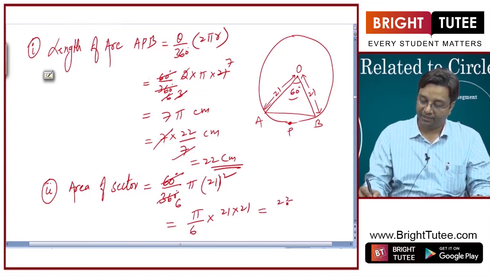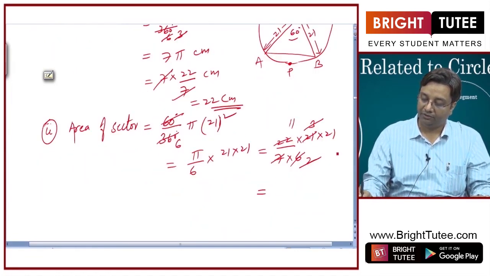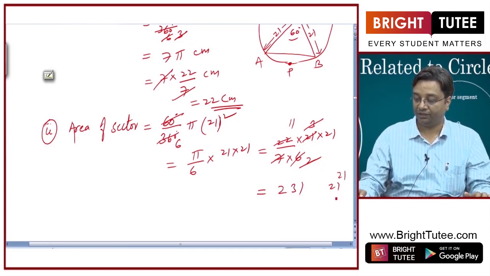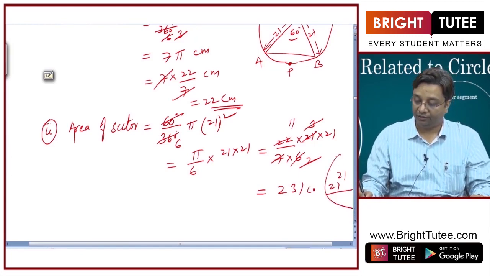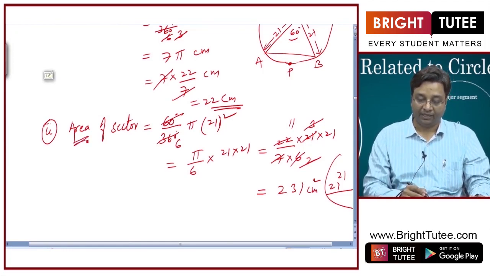If I take pi as 22 by 7, 6 was already there, 21 into 21, 3, 2, 11. So 21 into 11 is how much? 231, right? So 231, the unit will be centimeter squared because we are talking about area of sector.